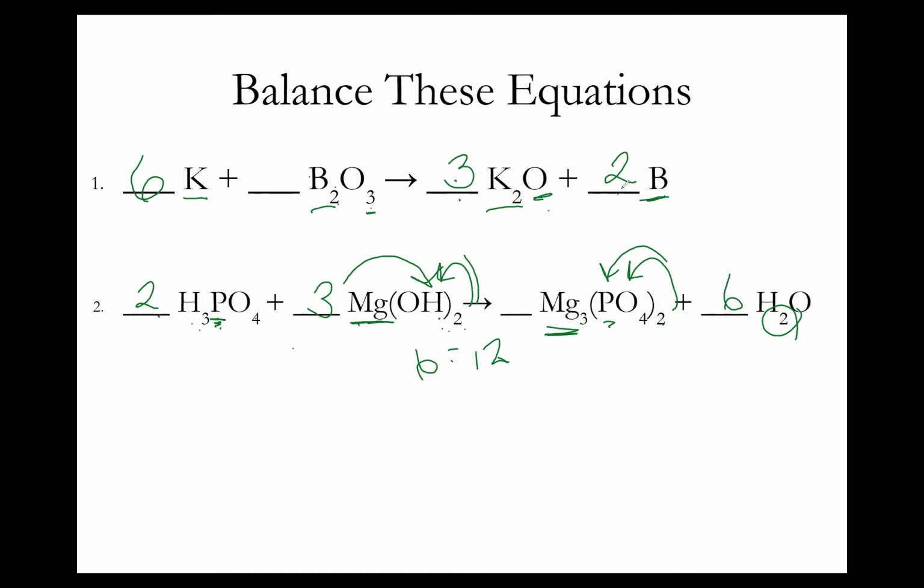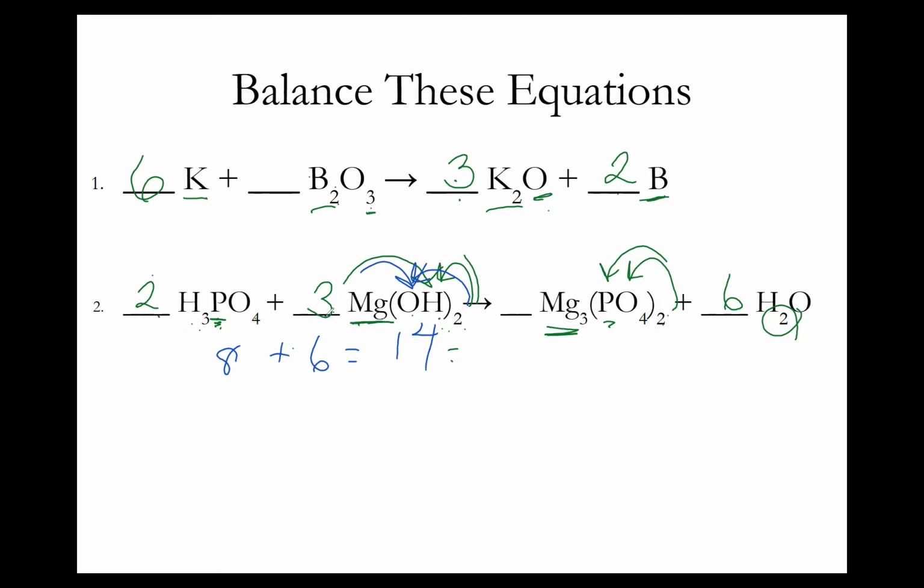So let's look at this. Now, if we did this correctly, we should be balanced. So let's see how correct we are. Let's look at our oxygens now. We have 2 times 4, that's 8, plus 3, because that gets distributed, times 1 oxygen, times 2 oxygens. 3 times 1 times 2 is 6, for a total of 14.